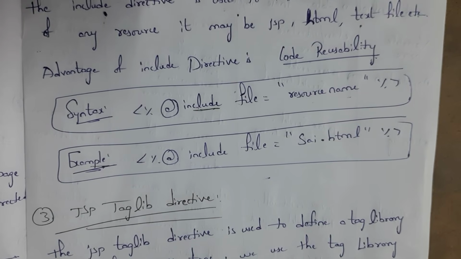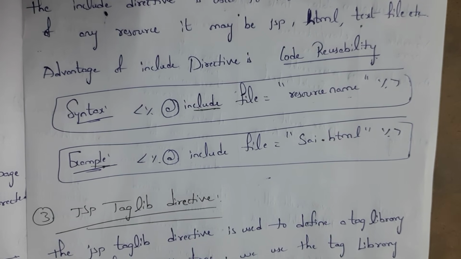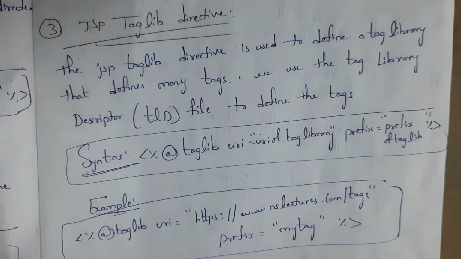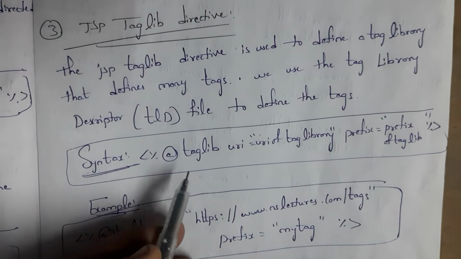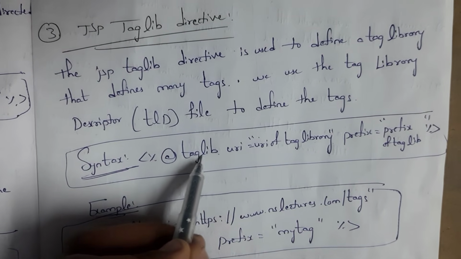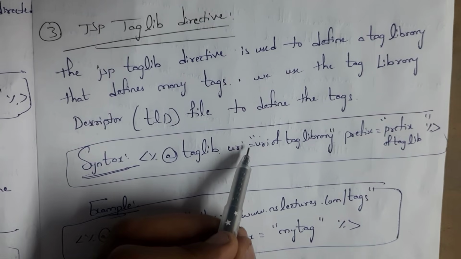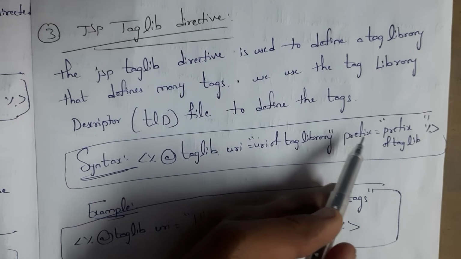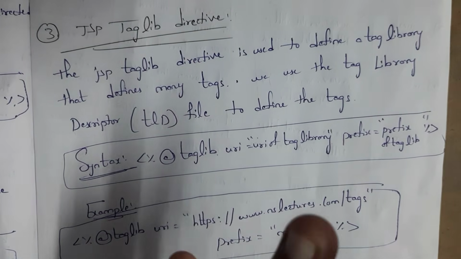And the next one is the JSP Tag Library Directive. By using the JSP Tag Library Directive, we can define many tags. This is the syntax: <%@ taglib uri equal to the URI of the tag library, and similarly prefix equal to the prefix of the tag library.